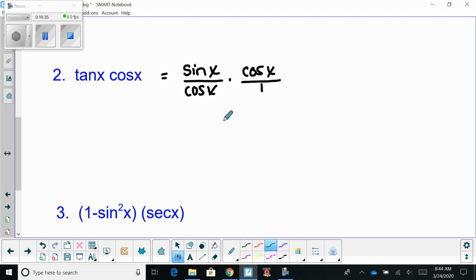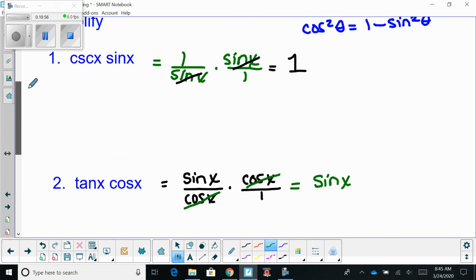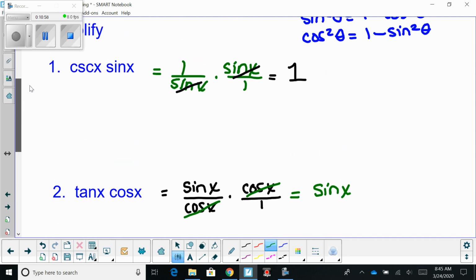And then just like on that last problem, these two cosines can cancel out, and my answer would be sine. I used the quotient identities to switch tangent to sine over cosine. Those cosines canceled, and I'm left with sine. So these two are good examples of where you try to switch things into terms of sines and cosines.